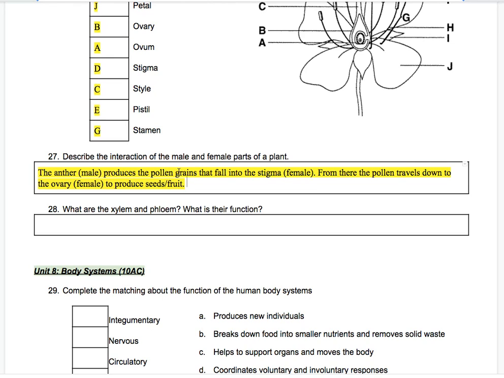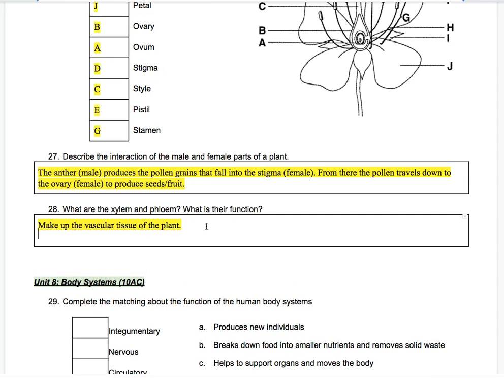Number 28, what are the xylem and the phloem? What is their function? Well, the xylem and the phloem are going to make up the vascular tissue of the plant. The xylem is responsible for transporting water from the roots to the leaves.